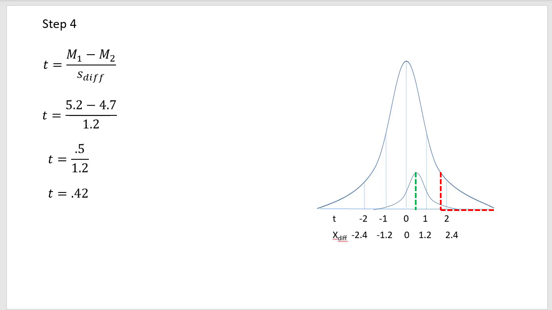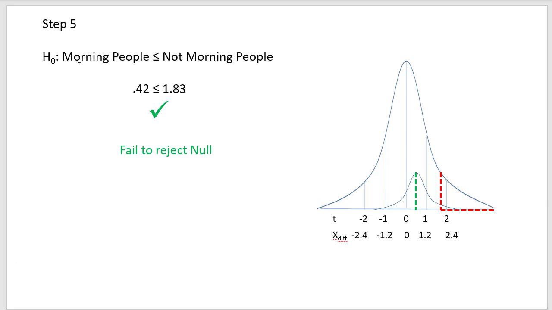Step number 5, we bring forward our sample's t-score, and we compare that to our comparison distribution's cutoff t-score to see if our sample's t-score is less than or equal to our population cutoff score, and if it is, then we fail to reject the null hypothesis. Let's take a look. When we plug in our difference t-score, it is 0.42.